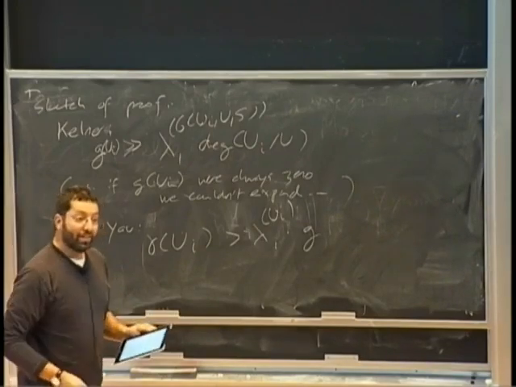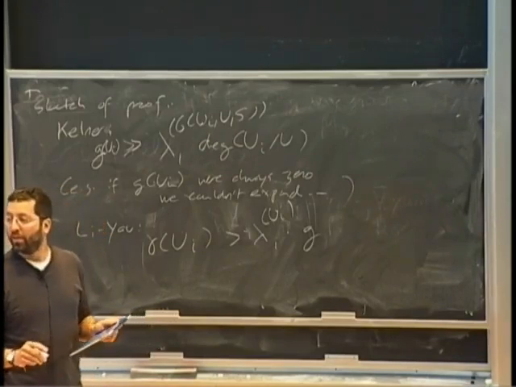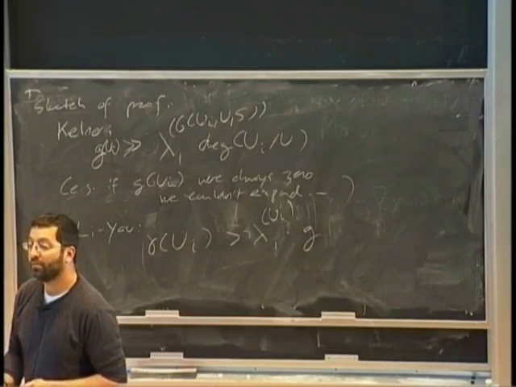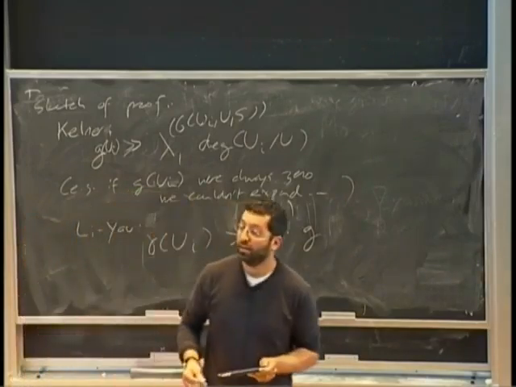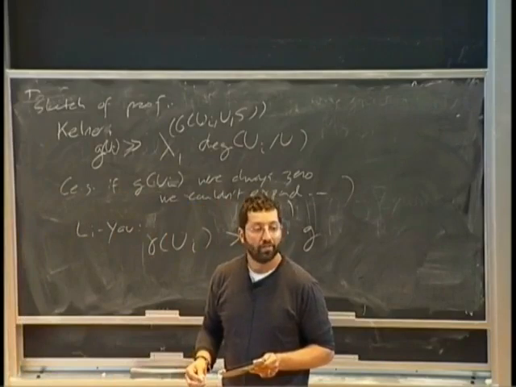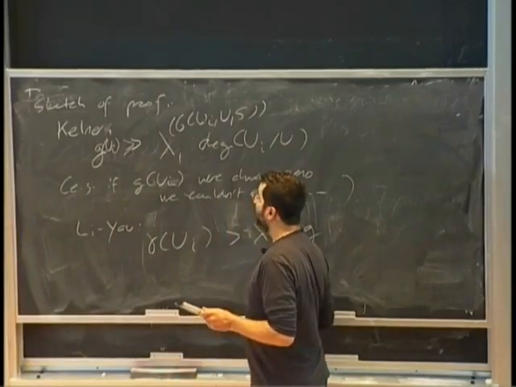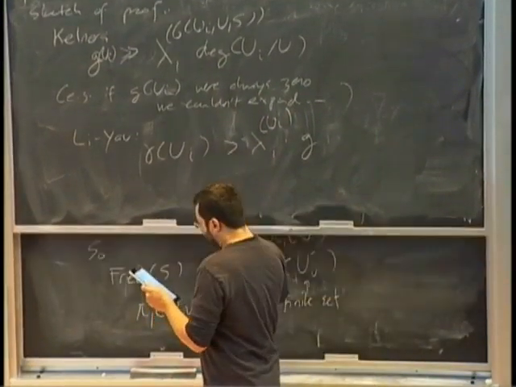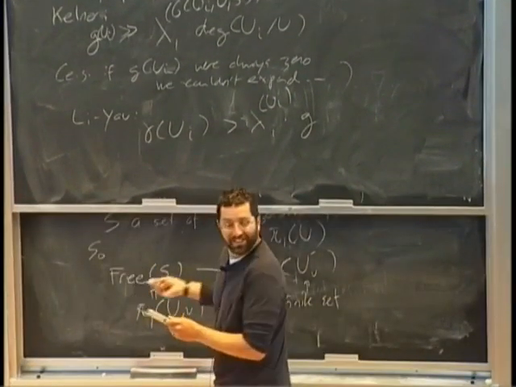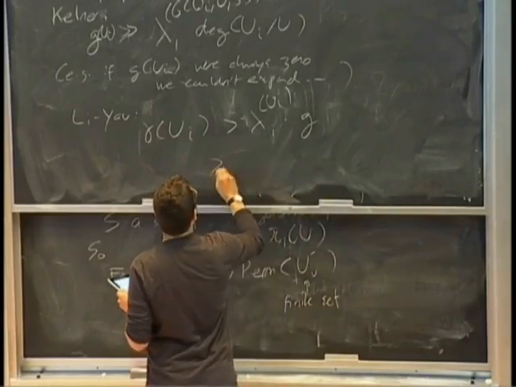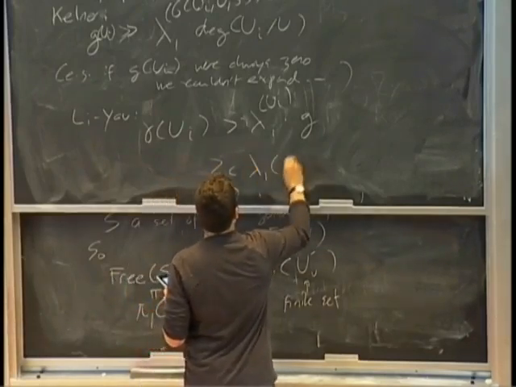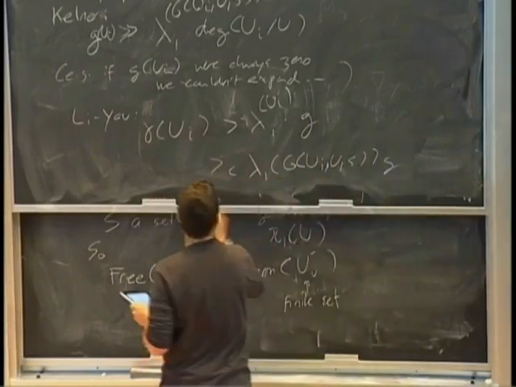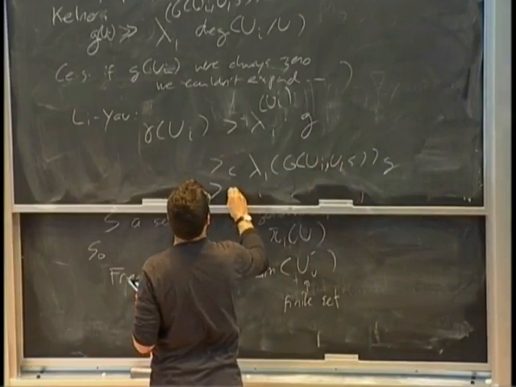Yeah, and actually this is a very, I want to speak to this point in 1 second that you raised, Emmanuel. So let me say, I'll just finish, but in some sense I have finished. So this is again bounded with a constant by lambda 1 of the graph by what I said before. And then, so we're finished.